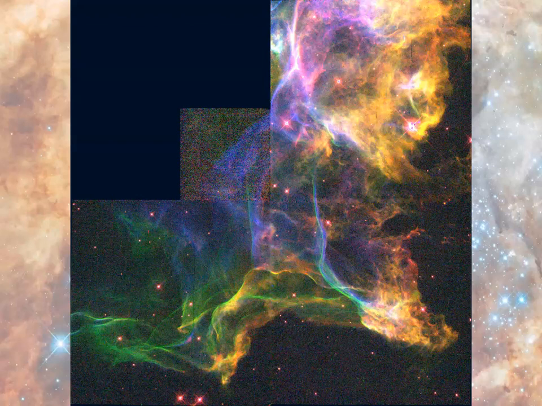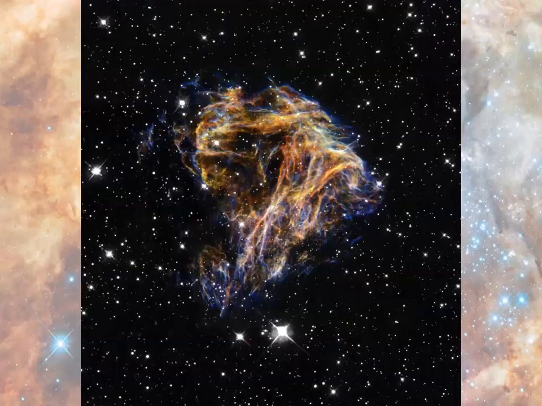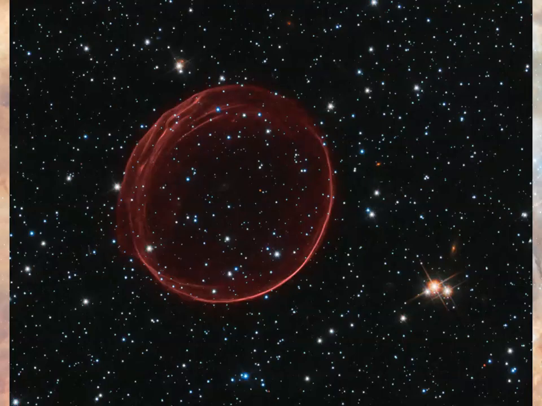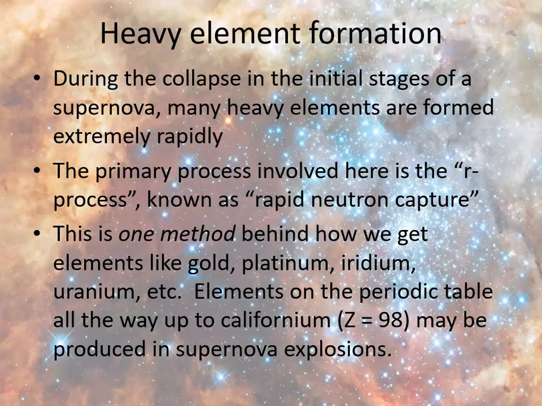They used a different color palette to highlight the emission from different elements and different ionization species so that we can learn more about the object, but still the result is that it creates pretty space art. Here's another nice supernova remnant. You might think, oh, isn't this a planetary nebula? Nope, this is a supernova remnant, as it turns out.